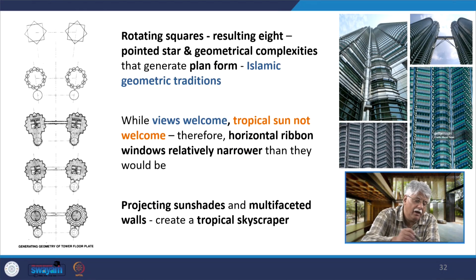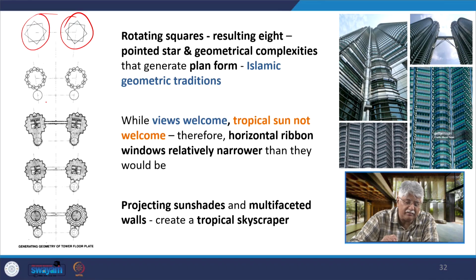Now there are these rotating squares that you see here, resulting in an 8-pointed star, and geometrical complexities then generate a plan form based on Islamic geometric traditions. As it keeps on getting more and more complex, we get the Islamic geometric tradition.